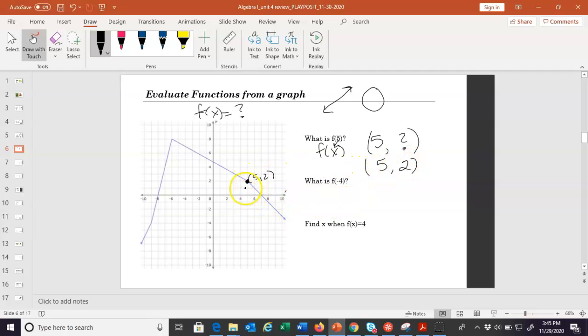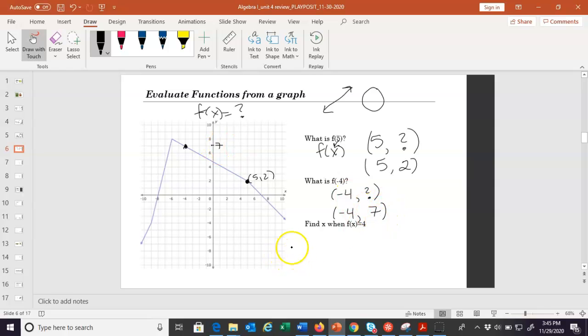So when x is 5, y is 2 on the graph. Let's try the next one. -4 is the input, so they're saying, okay, if x is -4, what is y? So we just go on the x-axis at -4, go up to the graph, and say, well, what is y at this point? It is 7.